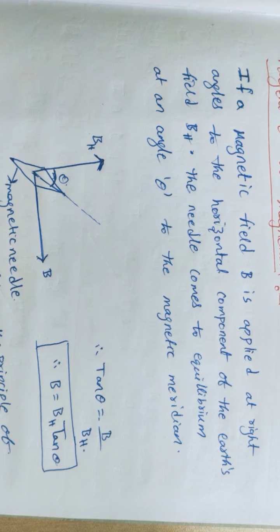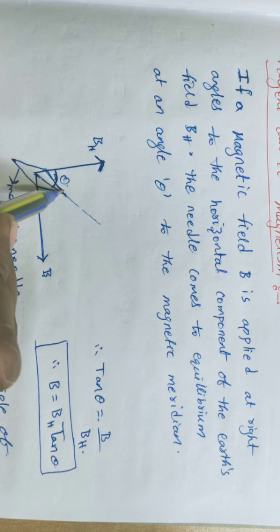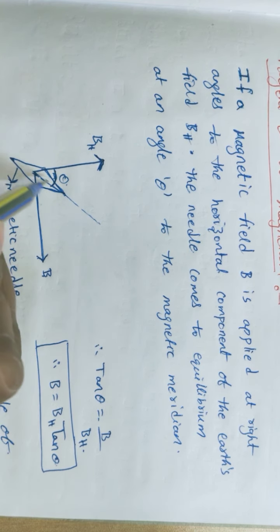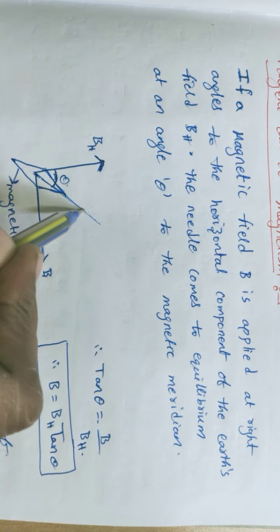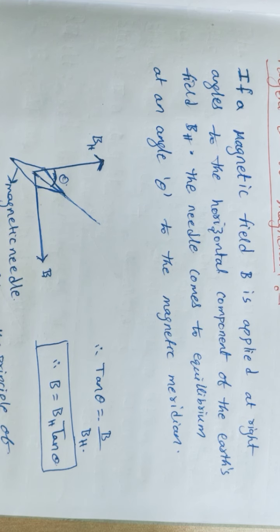If you place a small magnetic needle here, it will come to equilibrium position along the direction of the resultant between B and BH. Is it clear, students?